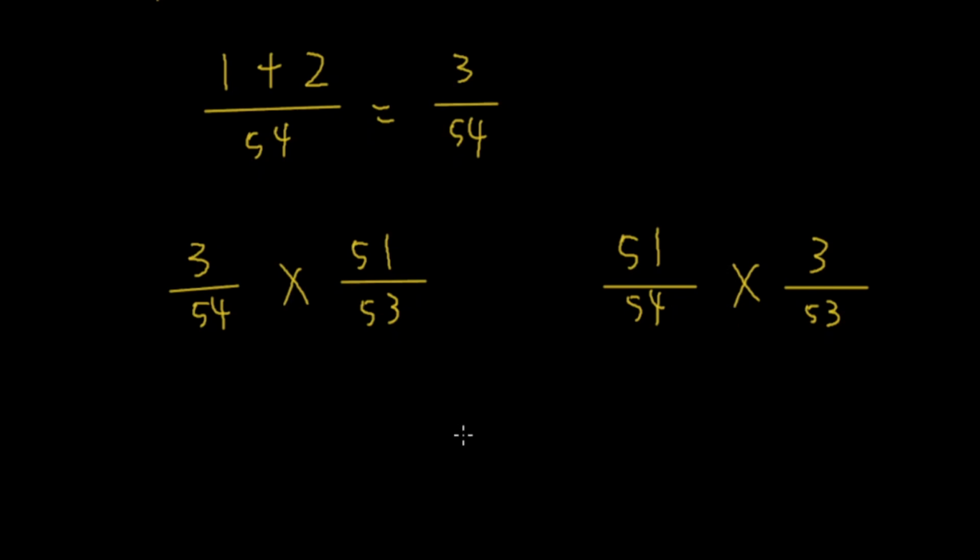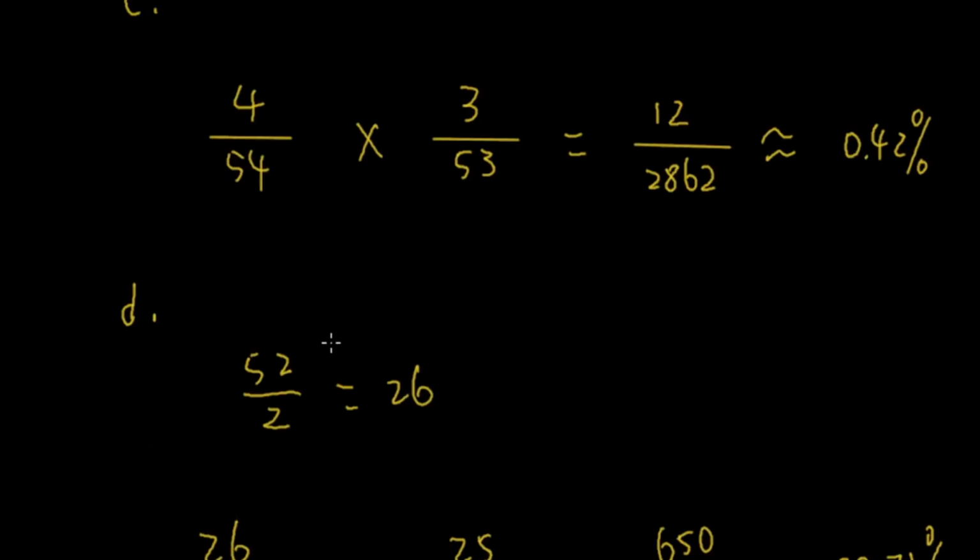Now, let's repeat this. On this side, this is the probability of drawing one of these cards on the first draw, but not the second draw. And this is the probability of drawing none of these cards on the first draw, but one of them on the second draw. And what do I do now? I just add them up.